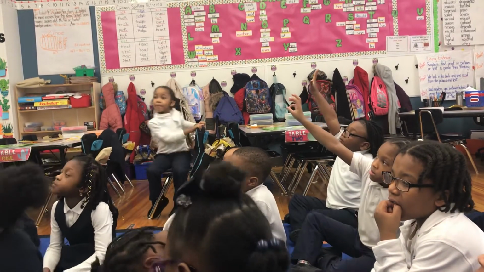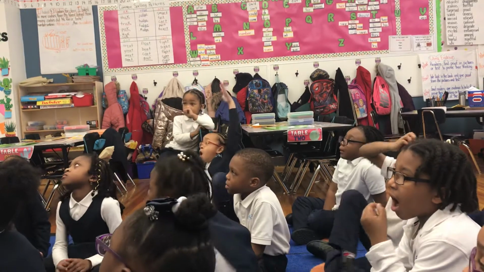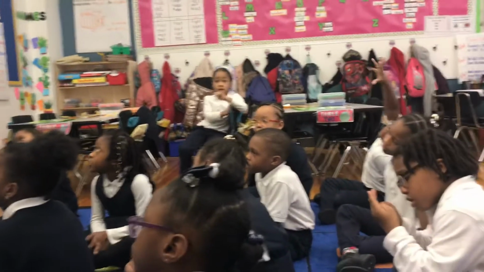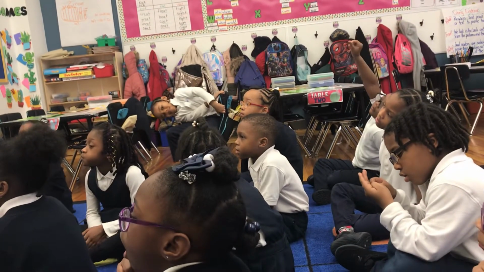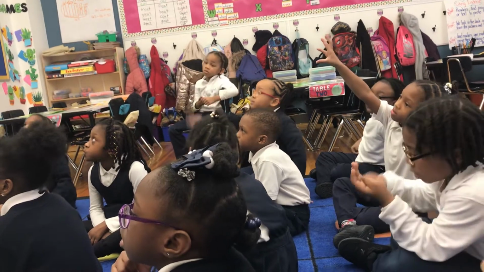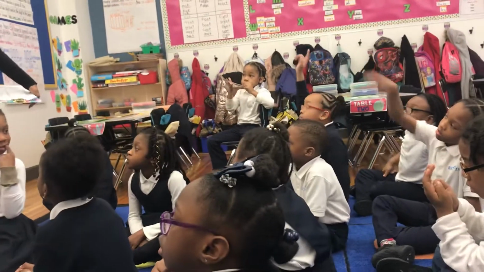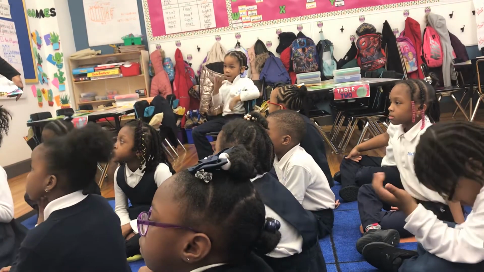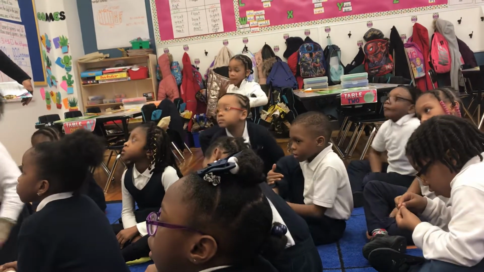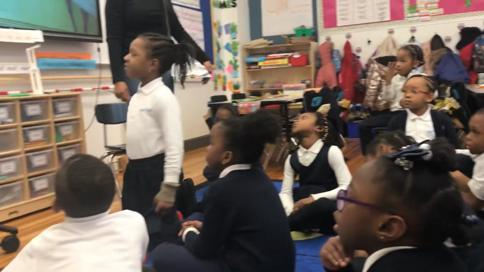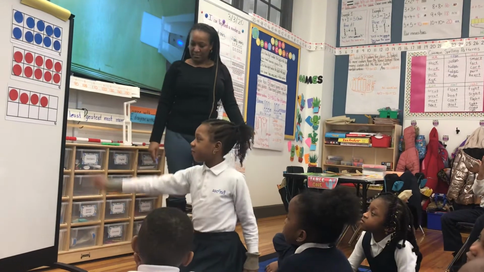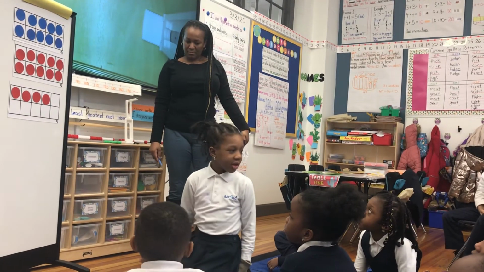How did you come to know that this is 24? What did you do? Was it similar to what Nayela did? Okay. Nayela, can you explain what you did so Jamal can hear you again one more time? First, I saw 10 on the top, and I saw 10 right here, and then I saw 4 ones. That's how I know it was 20.